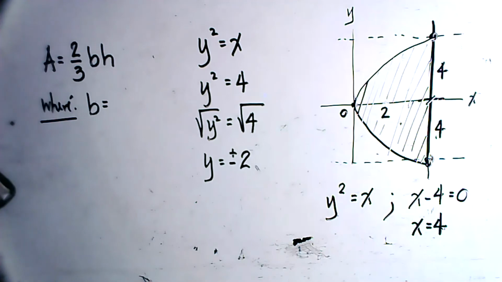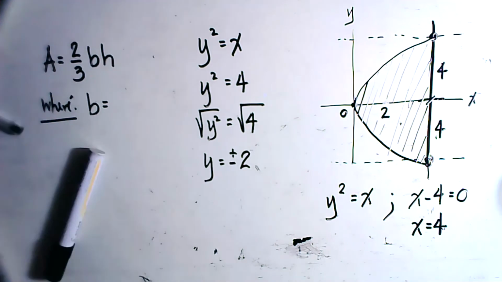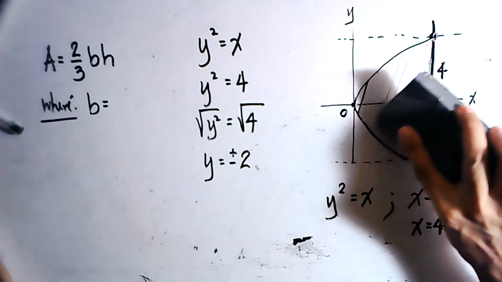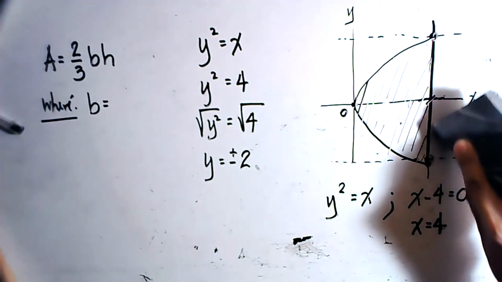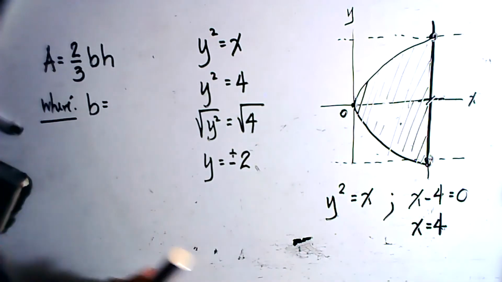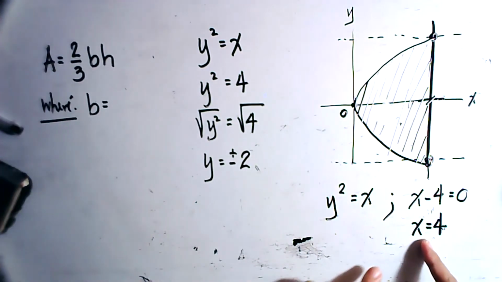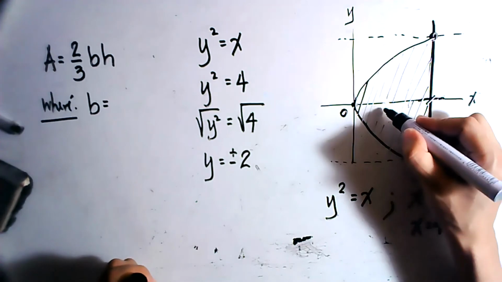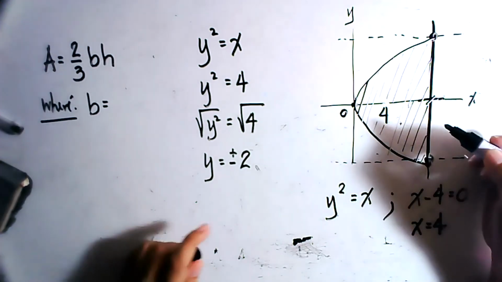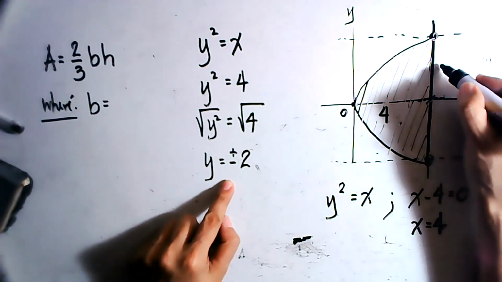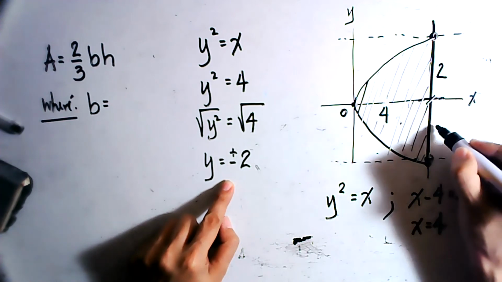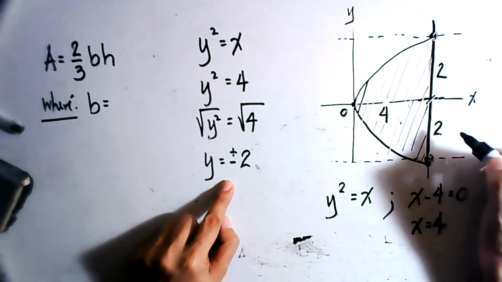Again, let me correct that. We have here the value of x is equals to 4. So that means this is 4 units. And then the value for y could be positive 2 or negative 2.